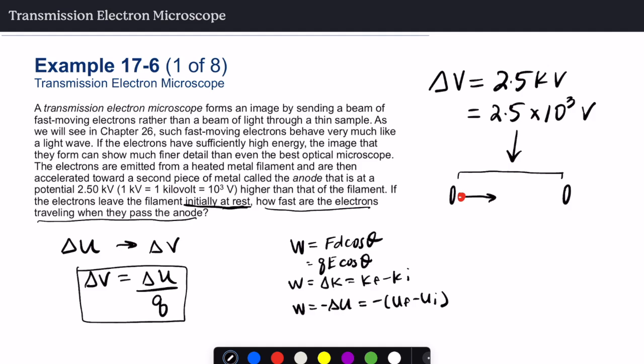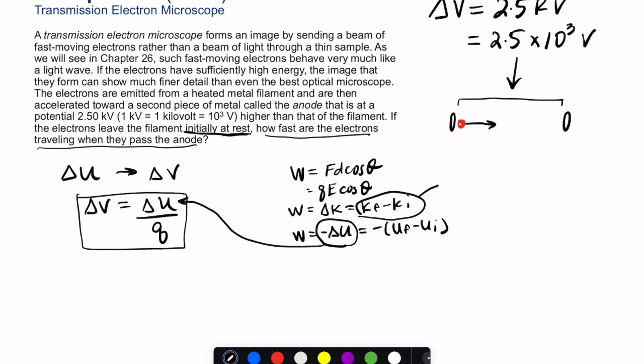So now hopefully you can see the relationship we're going to use to find the velocity, because kinetic energy is 1/2 mv squared, so that gives us our velocity term. And then this delta U part is going to come into play right here.